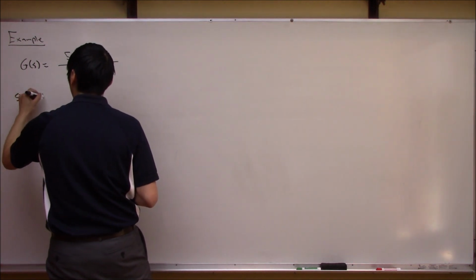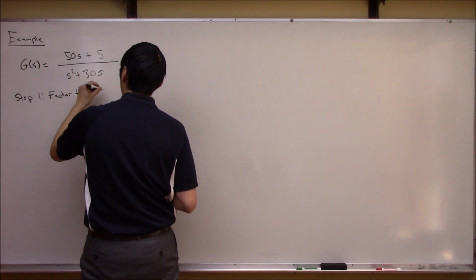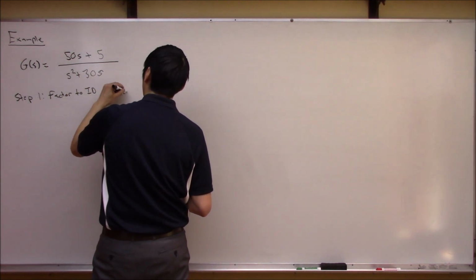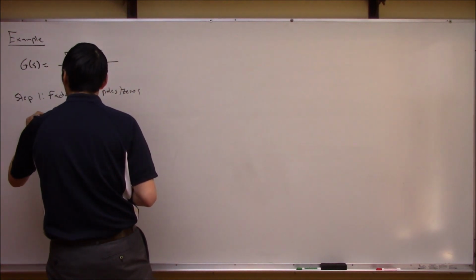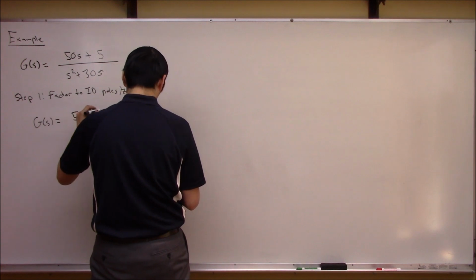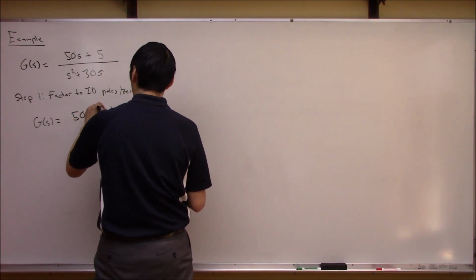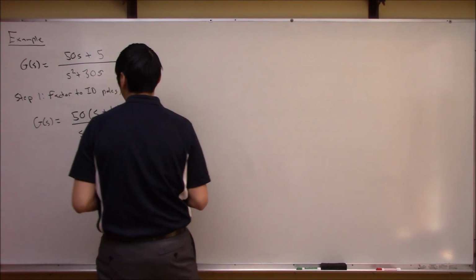So step 1 was factor to identify poles and zeros. In other words, I want to factor the numerator and the denominator, so I'm going to write this as 50 times s plus 1/10 all over s plus 30. Okay?